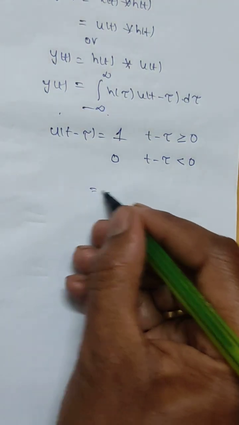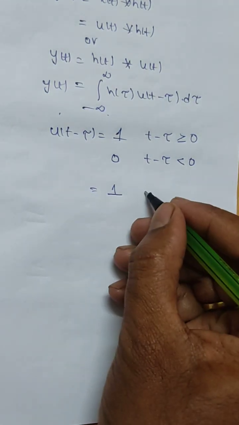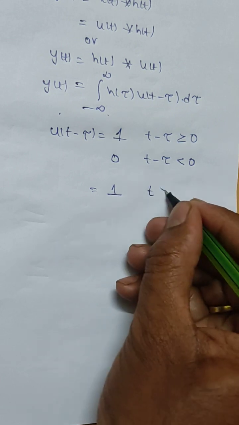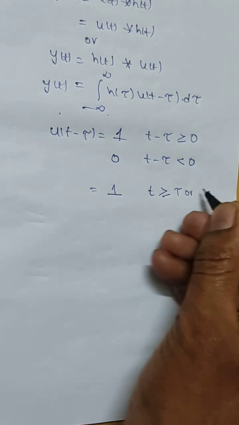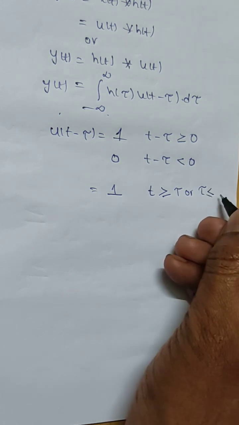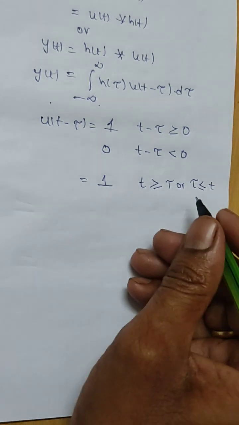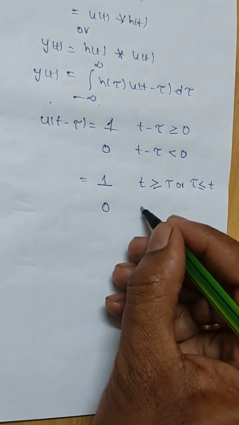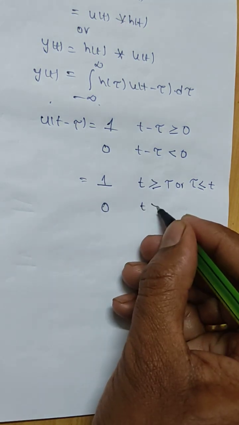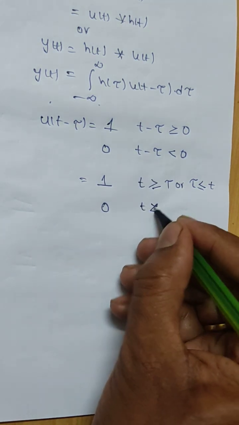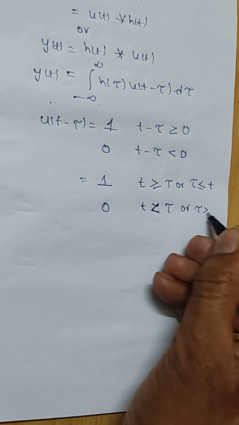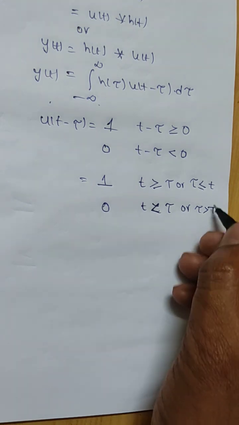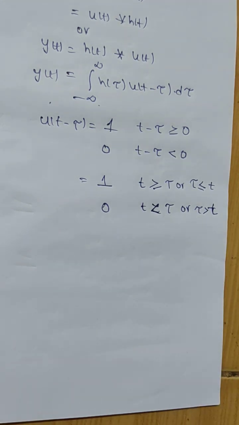Or else we can also write this as 1 for t greater than or equal to tau, or tau less than or equal to t, and 0 for t less than tau, or tau greater than t.